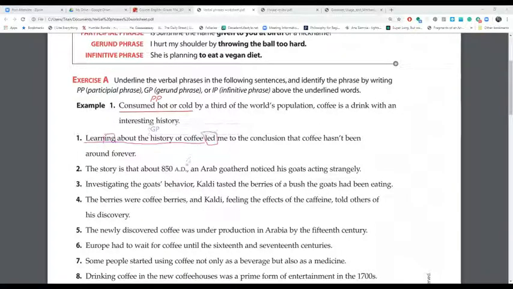Okay, the next one: the story is that at about 850 AD, an Arab goat herd noticed his goats acting strangely. Do we know where the phrase is?